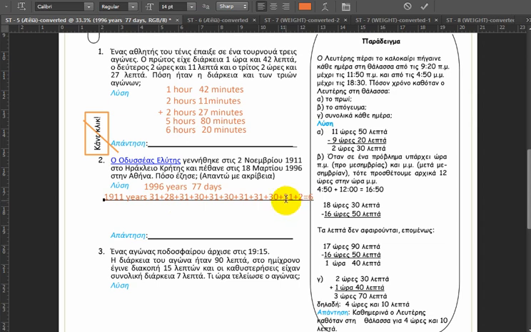Then 3 and 1 that I carried over is 4, and another 3 is 7, and another 3 is 10, and another 3 is 13, and another 3 is 16, and another 3 is 19, and another 3 is 22, and another 3 is 25, and another 2 is 27, and another 3 is 29.